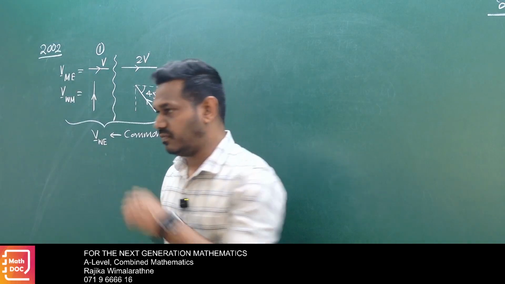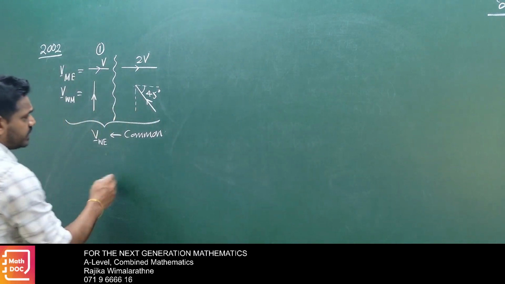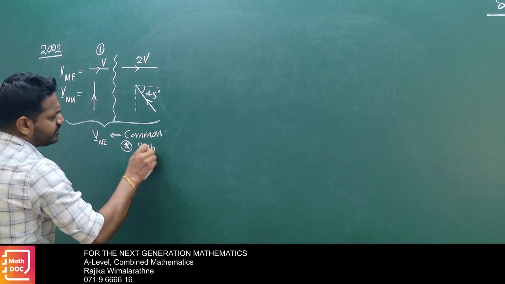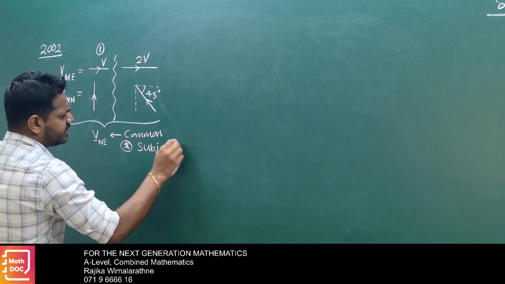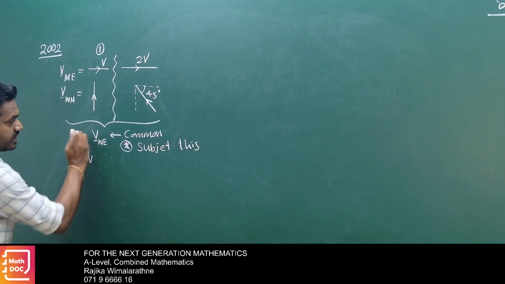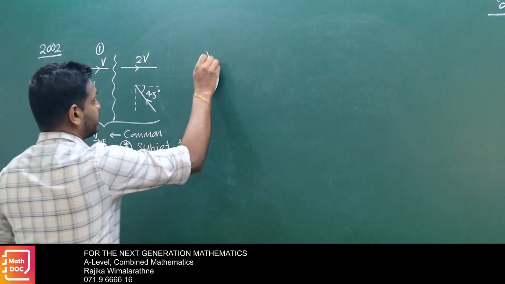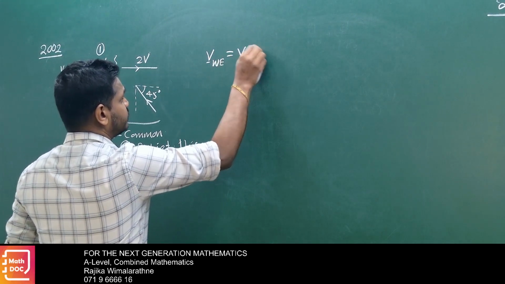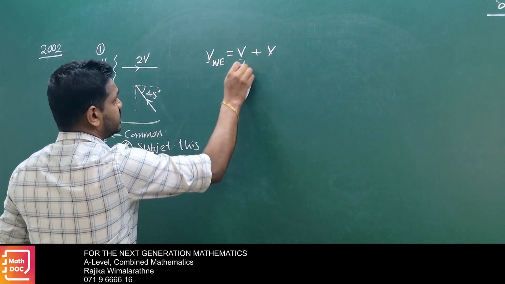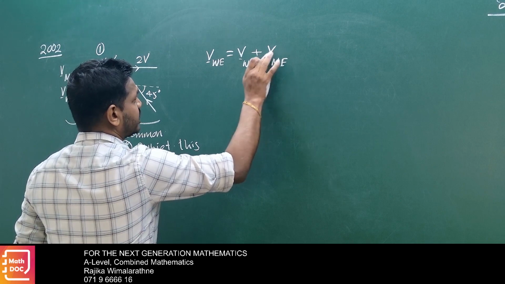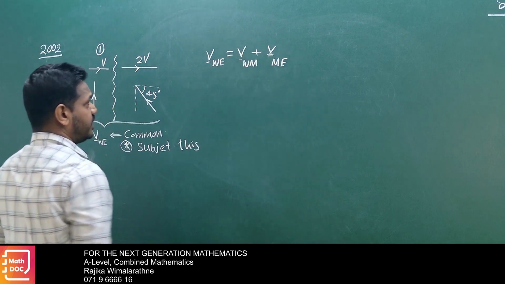Now this common one, you subject this. Now let's write the relative velocity theorem. VWE equals the addition of two velocities, WM and ME, here the data set.